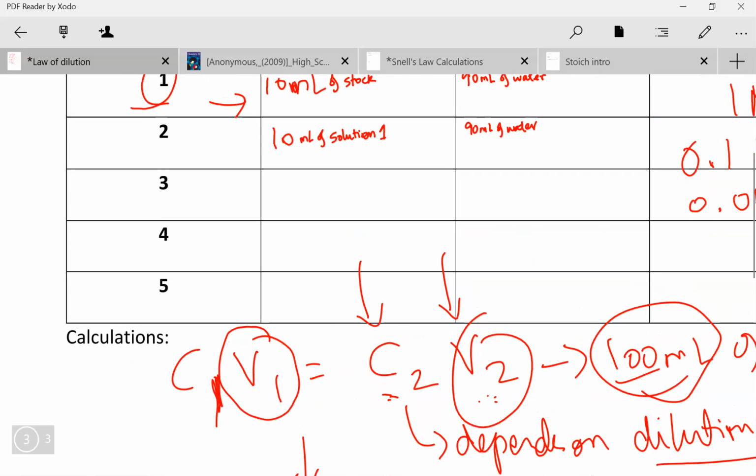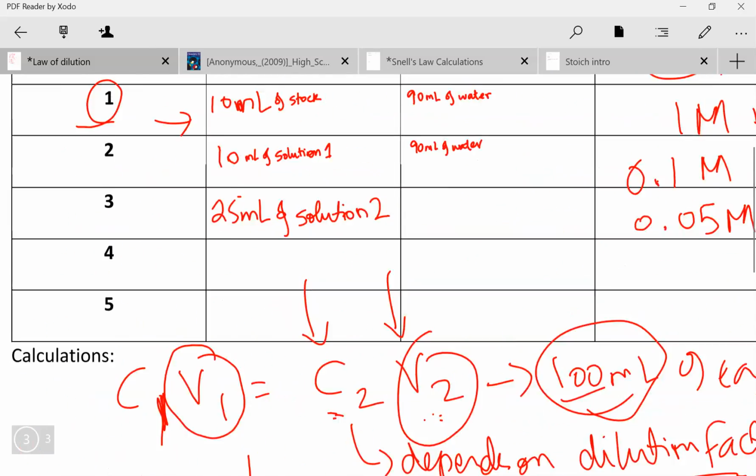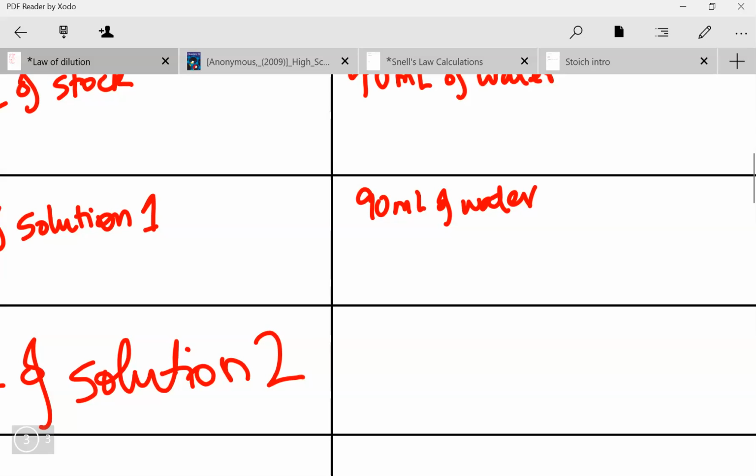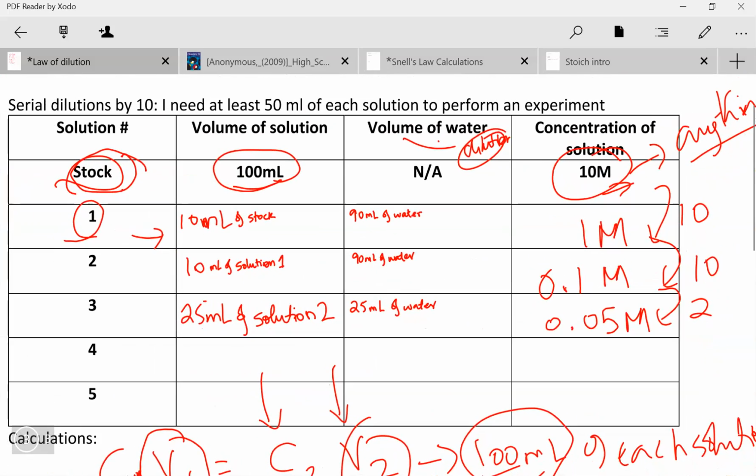So here for 3, I need 25 milliliters of solution 2, but remember I need a total volume, I decided, of 50 milliliters, so I have to add another 25 milliliters of water to get my total volume up to 50. And this, intuitively, if you think about it, makes sense.